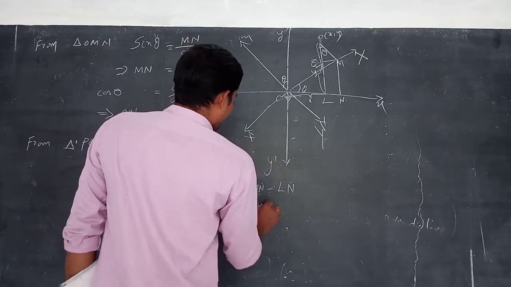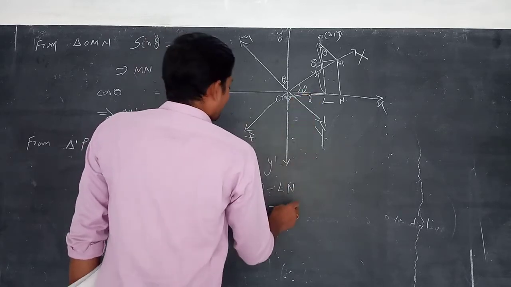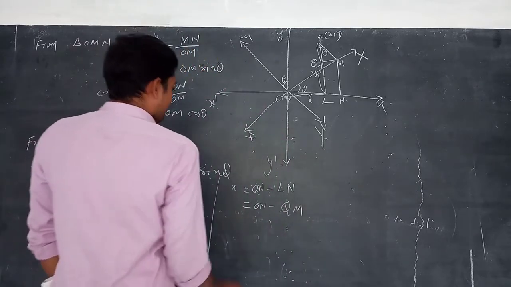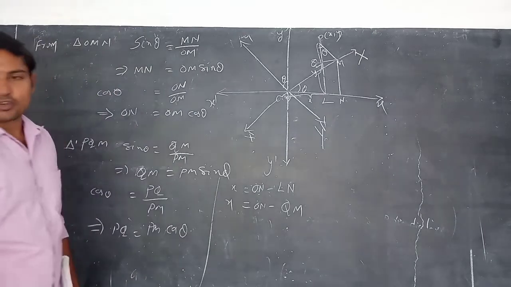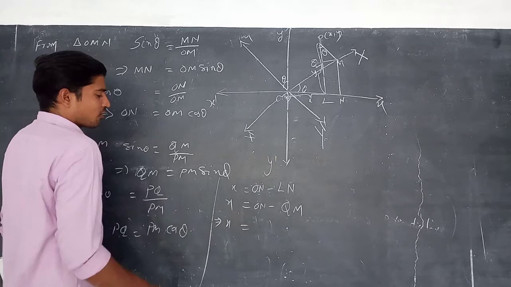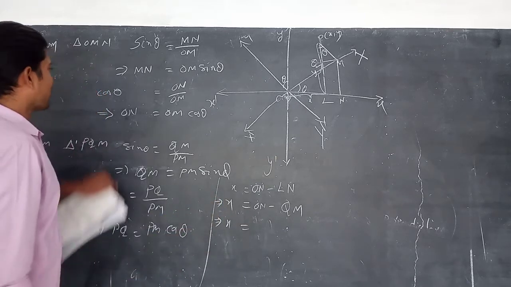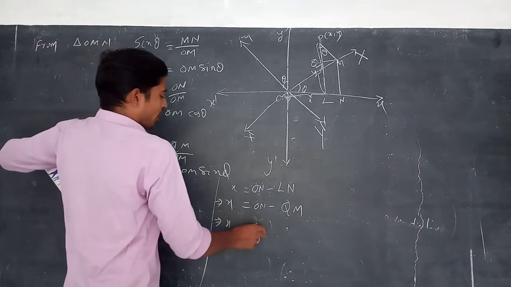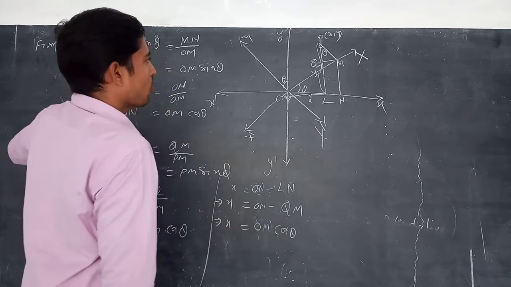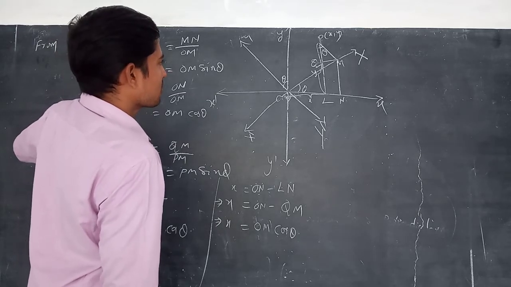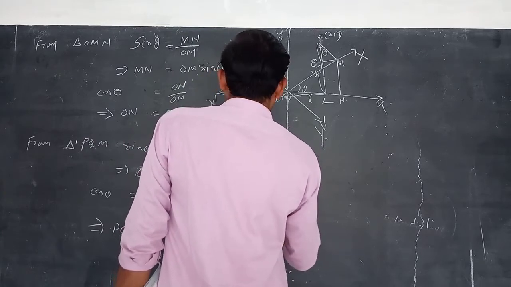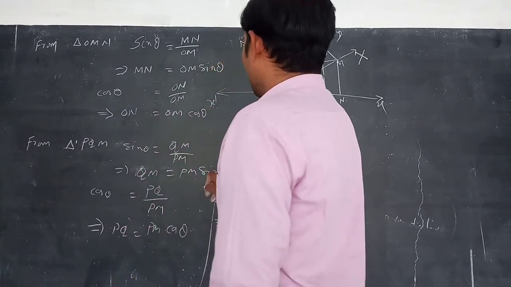ON minus LN is equal to QM. So x is equal to ON minus QM. Substitute the values here. That implies x equals OM cos theta minus PM sin theta, right?